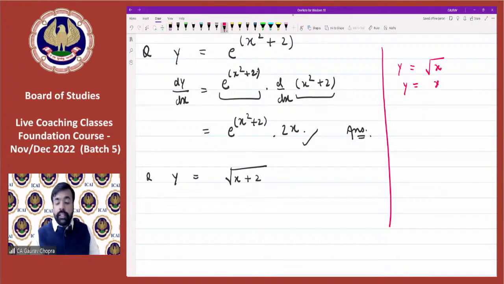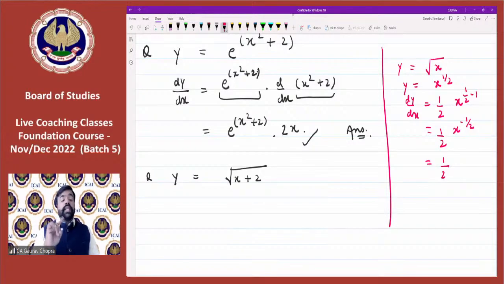So y is equal to x to the power of half. Now if we have to find the derivative, what we will do, half will jump forward and the power of x will reduce by 1. So it will be 1 by 2 x to the power of minus half. And since x to the power of minus half is there, half means root and power is negative, that means it will go in denominator.